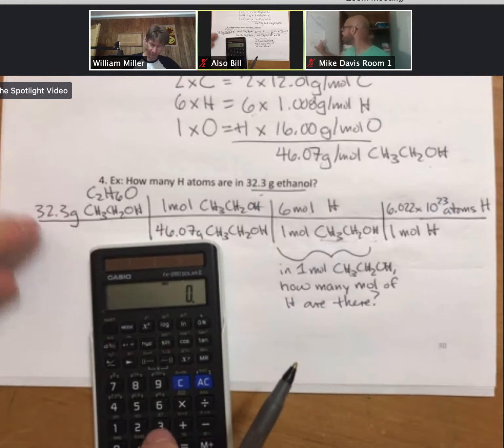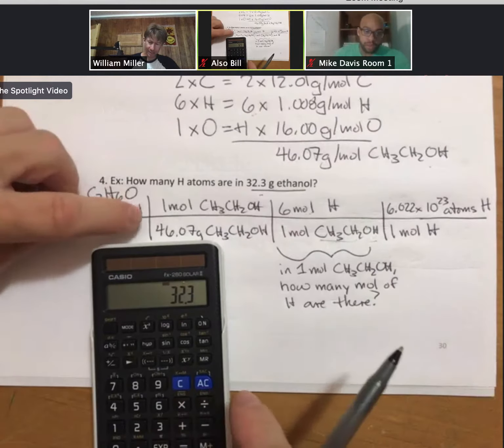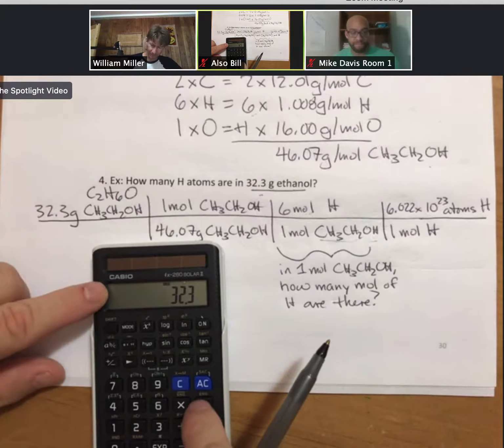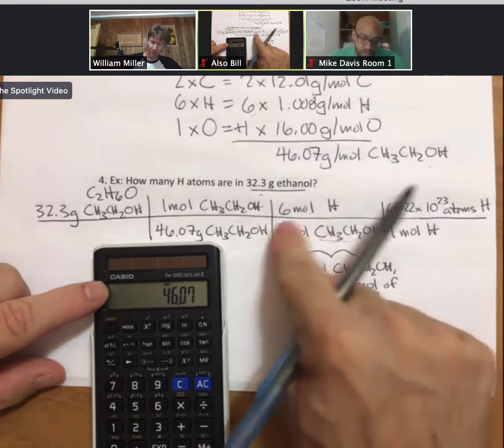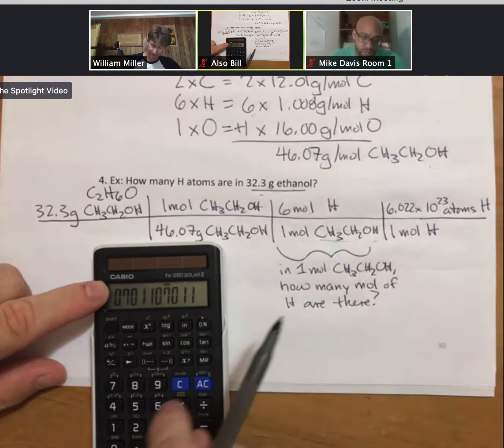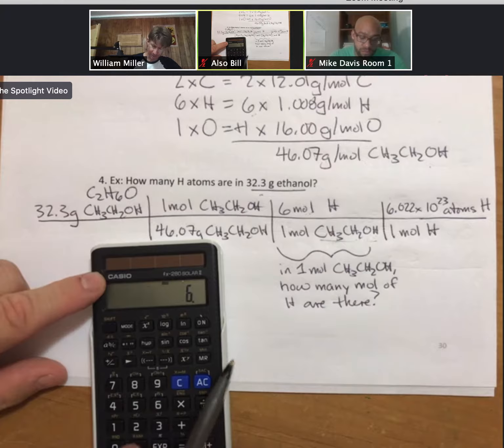I'm going to push things up a little bit. And then we have 32.3. Then we are dividing by 46.07. Then we are multiplying times 6. And then we are multiplying times 6.022, exponent button, 23rd.